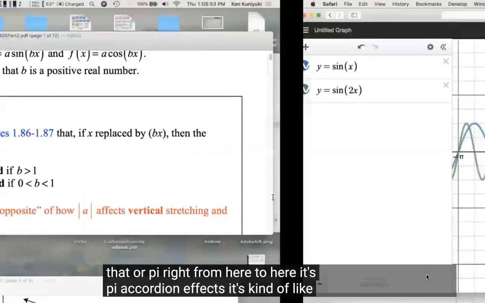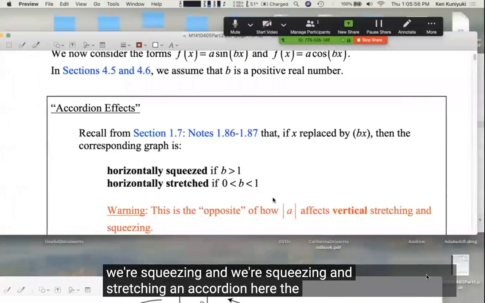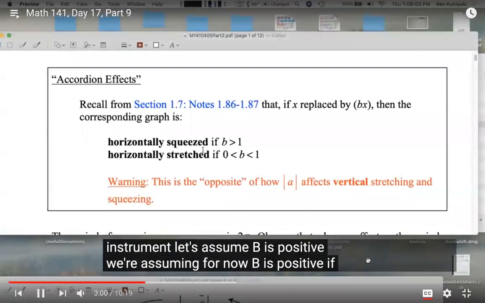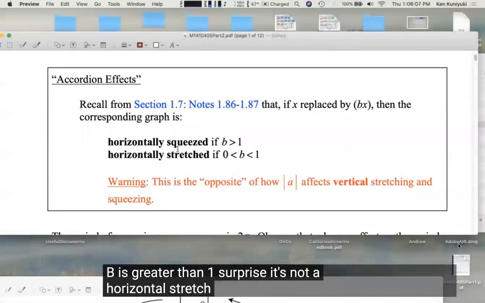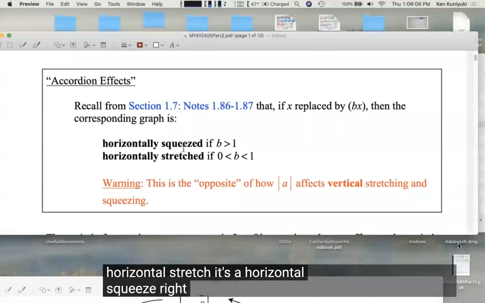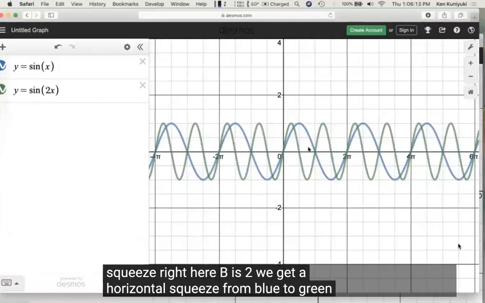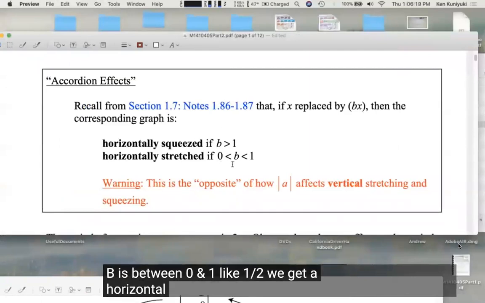Accordion effects. It's kind of like we're squeezing and stretching an accordion or a spring. Let's assume b is positive. If b is greater than 1, surprise, it's not a horizontal stretch, it's a horizontal squeeze. Here b is 2, we get a horizontal squeeze from blue to green. If b is between 0 and 1, like 1/2, we get a horizontal stretch.